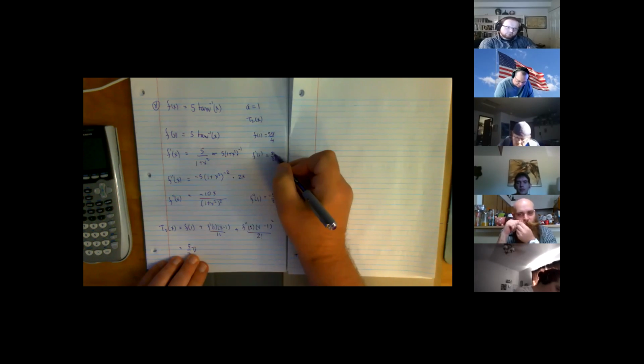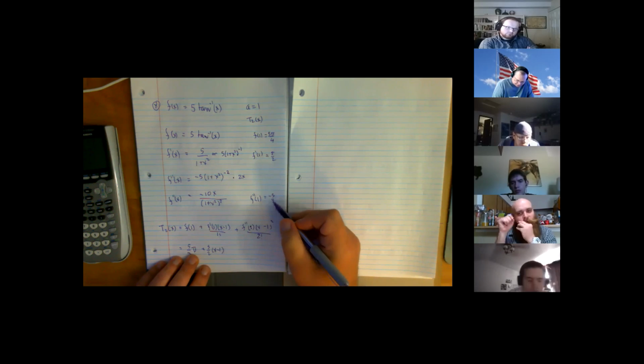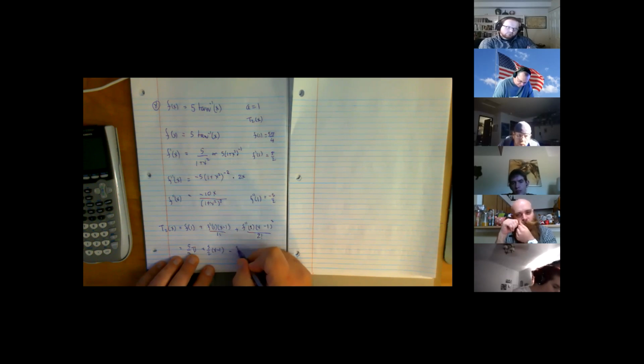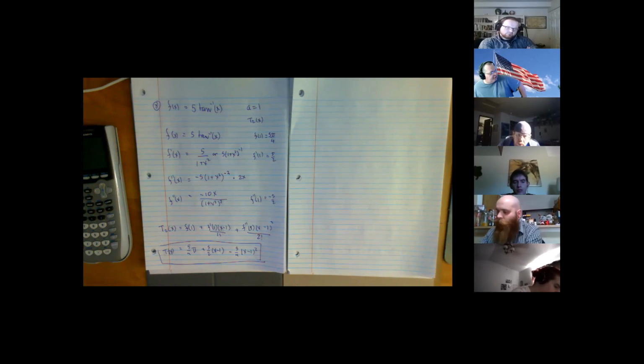This guy is 5 halves over 1, so it's still 5 halves. And this guy is negative 5 halves over 2, so that's negative 5/4. And that's your T2 of x.